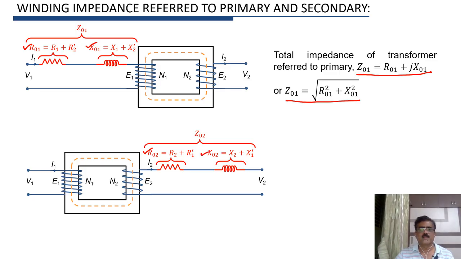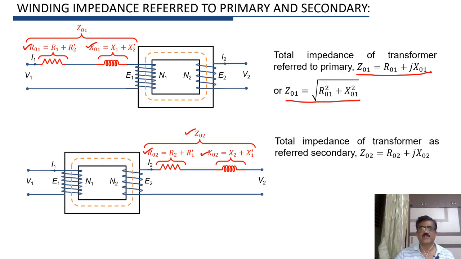If we combine the resistance and leakage reactance on secondary side, we get impedance of transformer as referred to secondary, that is Z02, which is equal to R02 plus jX02, or the magnitude of Z02 is equal to under root R02 square plus X02 square.